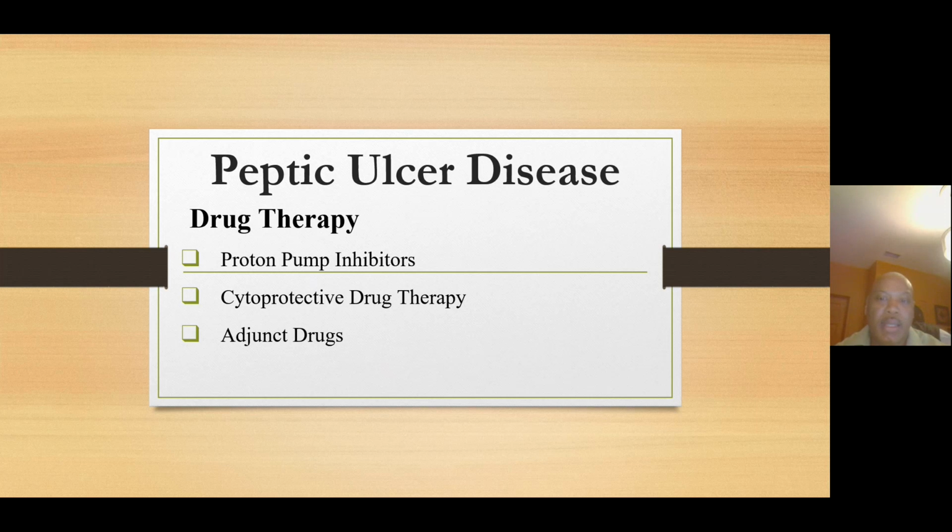All right. Now, in addition, they have varying degrees of anticholinergic properties, which result in a reduction in acid secretion as well. So the tricyclic antidepressants can reduce acid secretion, thereby leading to better healing of the gastric ulcers. Now, anticholinergic drugs are sometimes used for peptic ulcer disease treatment.